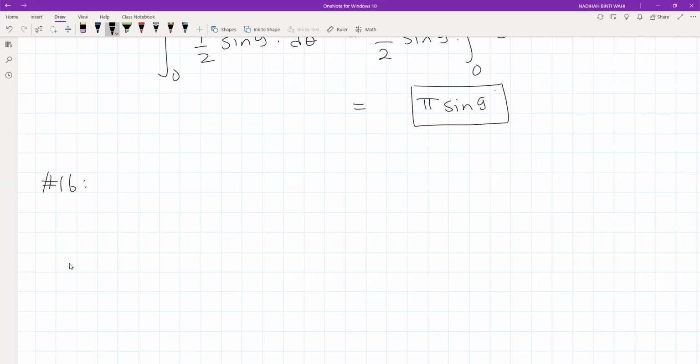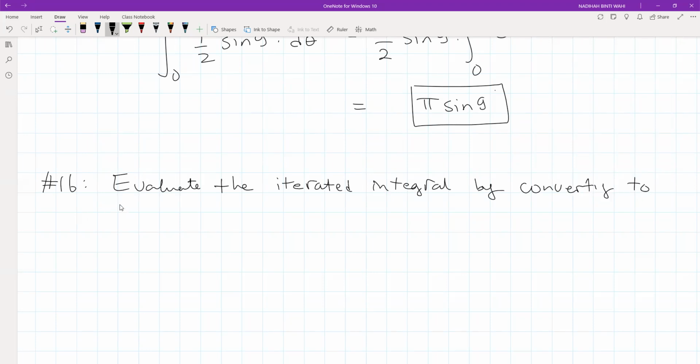It asks us to evaluate the iterated integral by converting to polar coordinates.